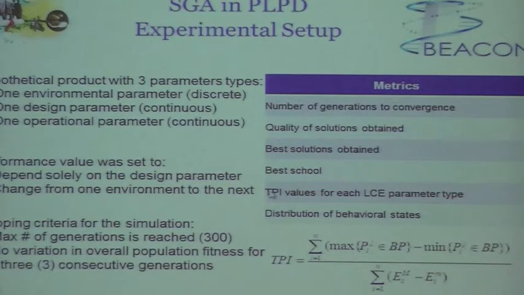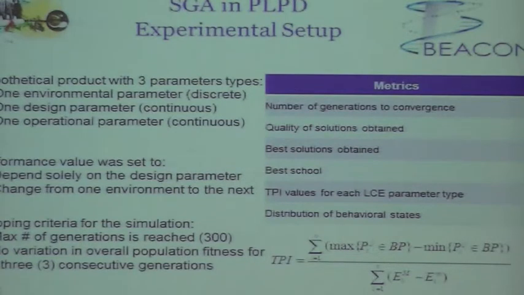one of the metrics that I really want you to look at is this one here, the TPI, the Trait Performance Index value for each life cycle engineering parameter type. This metric, as defined here, is similar, if you're familiar with it, to the Minkowski distance, which is used in similarity methods, and also to the relative error.